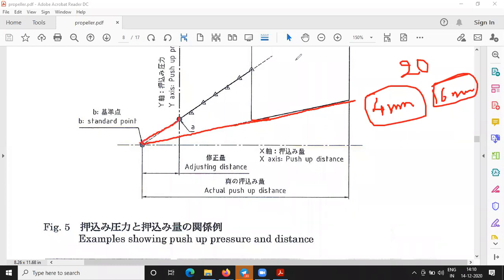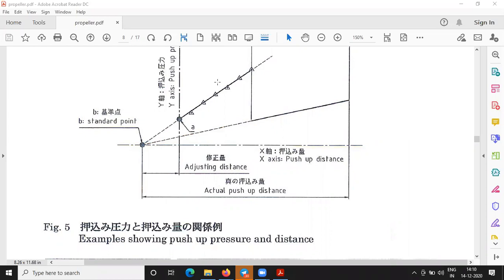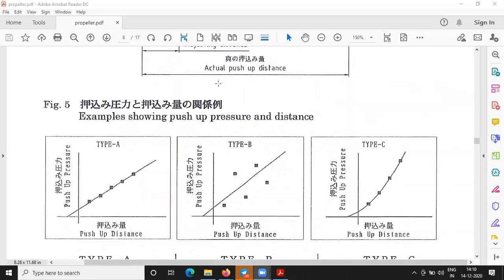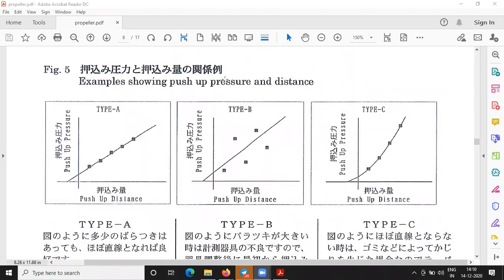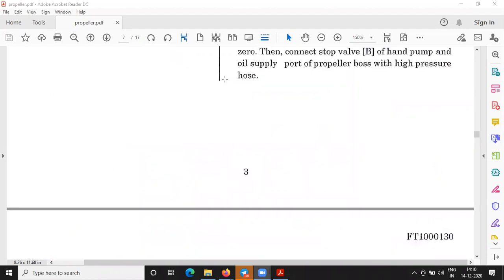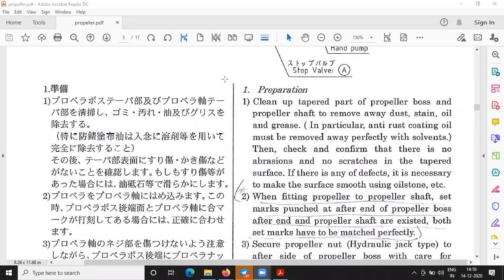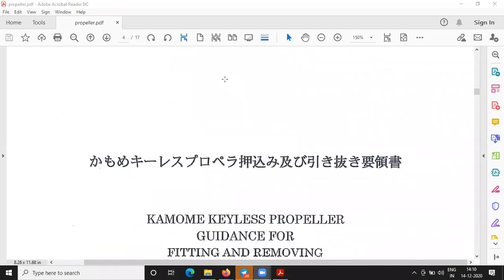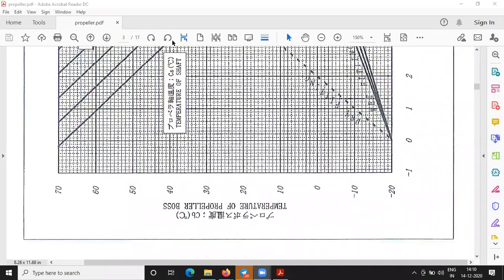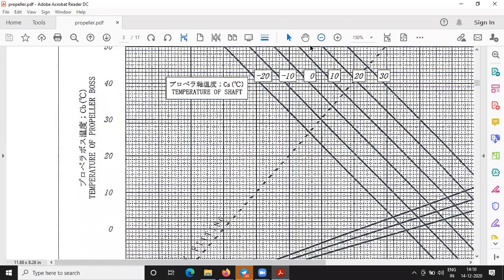Sir, एक बार वो ग्राफ दिखा दीजिए ना सर, that measuring of your push-up distance. ये वाला? No sir, not this one sir, the first one. First one. Sir, push-up distance calculate करने वाला. हाँ. Exactly. Okay.